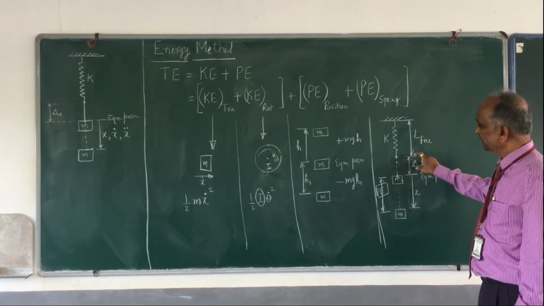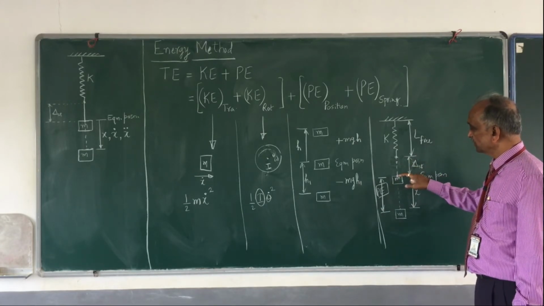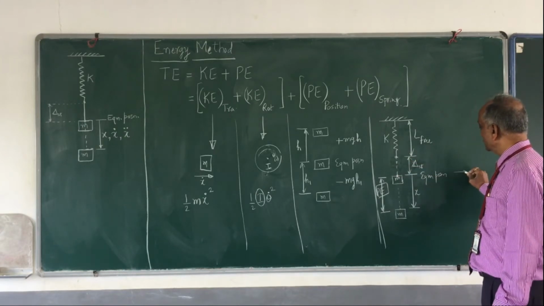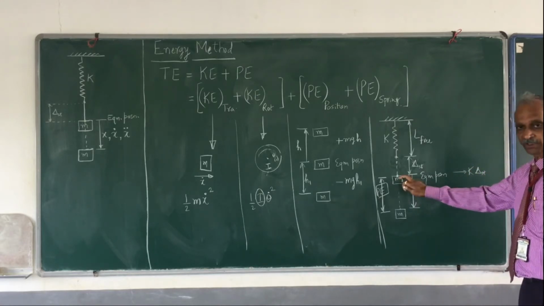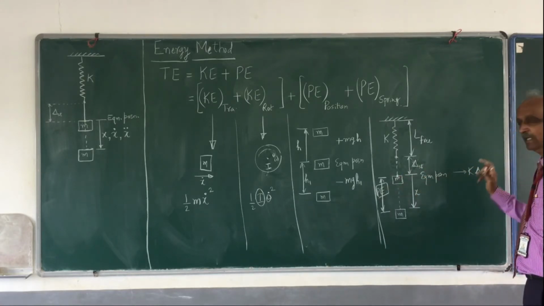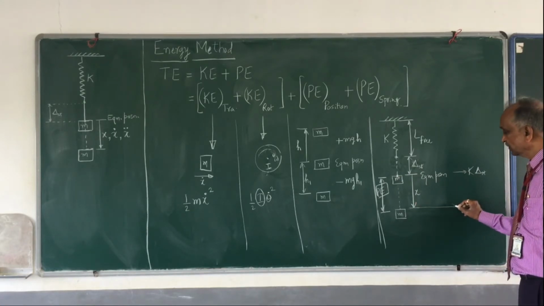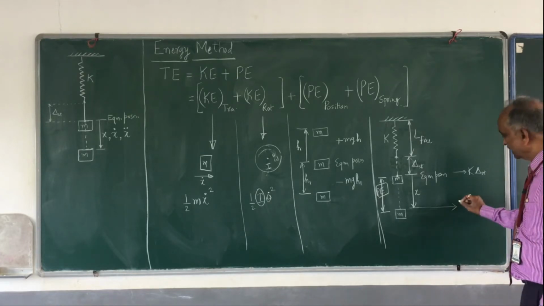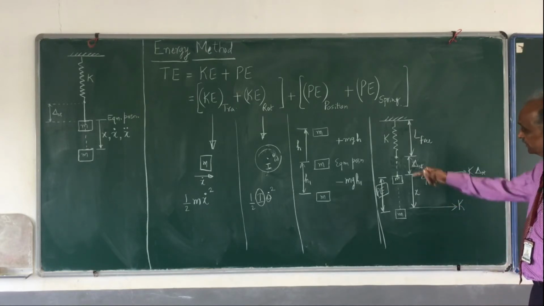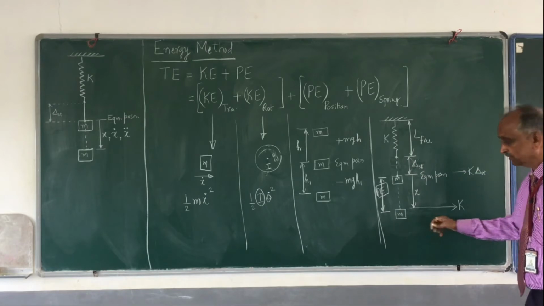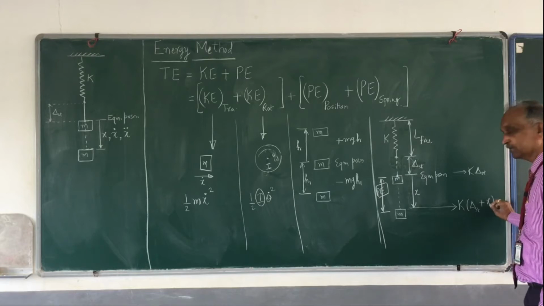Right now the spring has undergone an elongation of delta St, therefore the force on the spring is K into delta St. In this new position, the force on the spring is K multiplied by the extension, which is delta St plus x. So K into (delta St plus x).